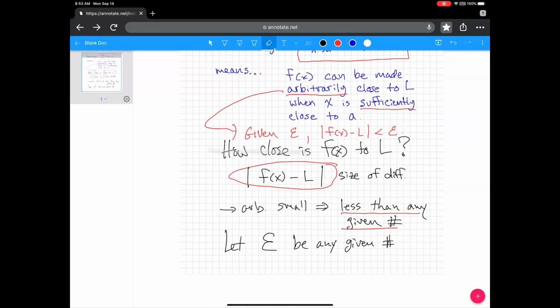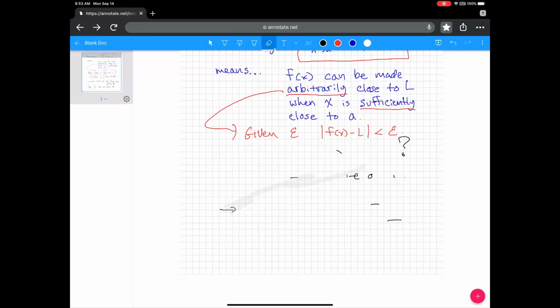So let's move on here. So the idea for that part, now we have some space, is when is it that f of x minus L is less than epsilon?